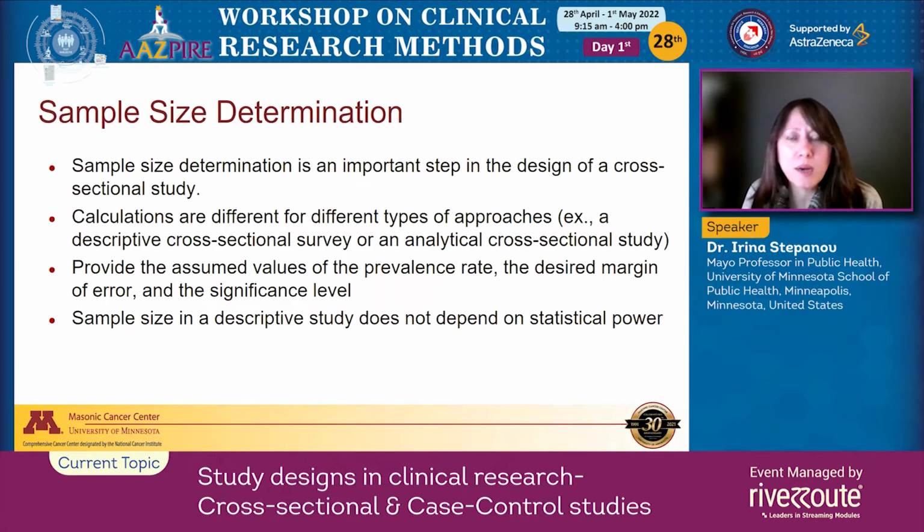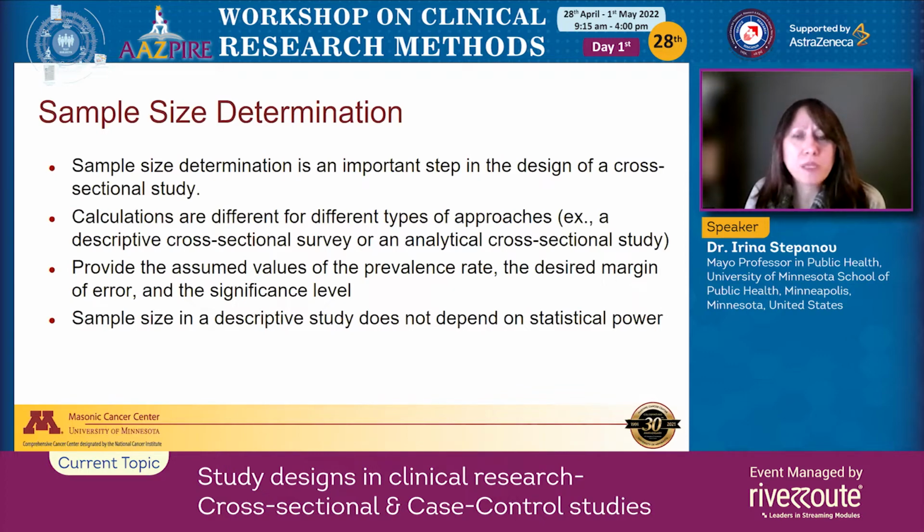So there are some distinct considerations that should be taken. When conducting a descriptive cross-sectional survey, the goal usually is to estimate prevalence of a particular outcome, as we already discussed. So in this case, investigators usually need to provide the assumed values of the prevalence rate, provide the desired margin of error, and also the significance level.